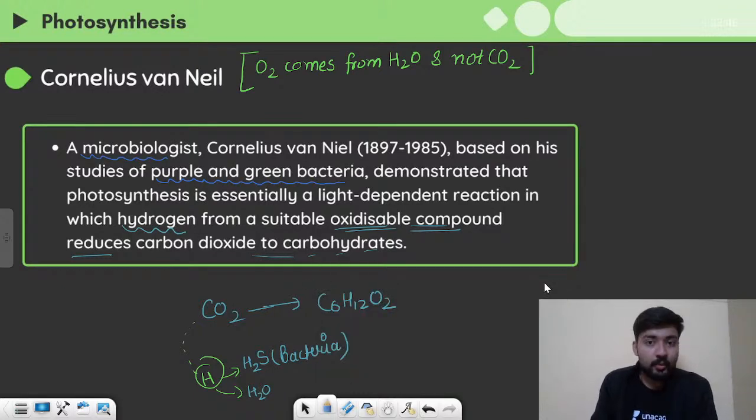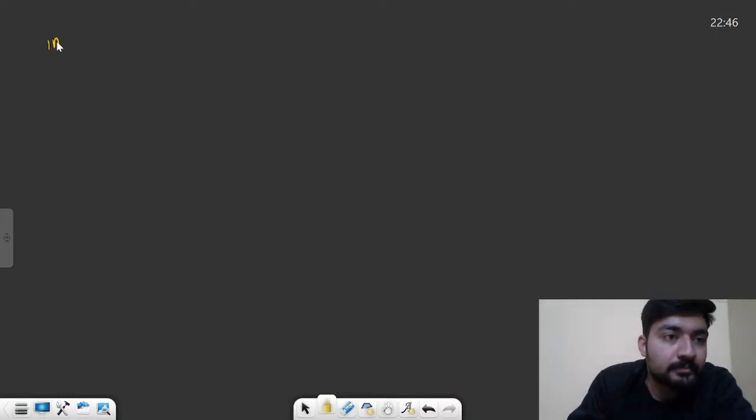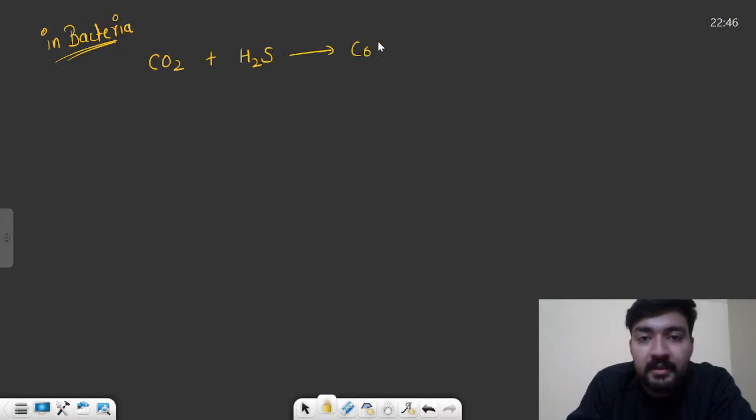And if you see the whole equation of the reaction in bacteria, the equation comes out to be like this: CO2 with H2S gives C6H12O6 along with sulfur, right?